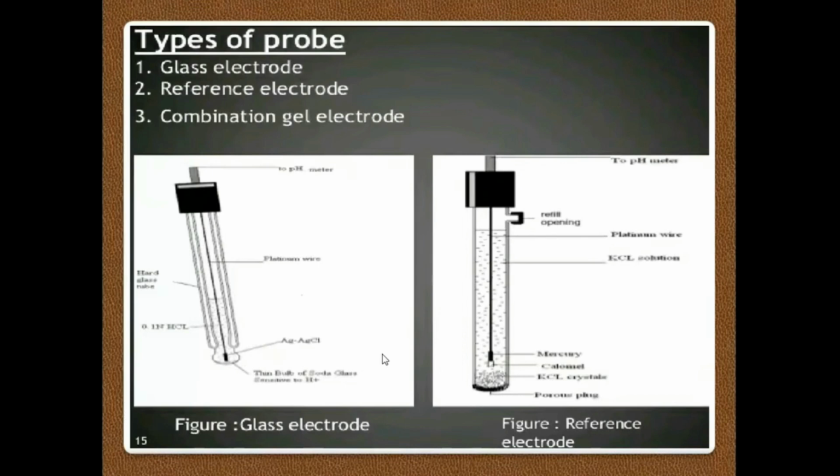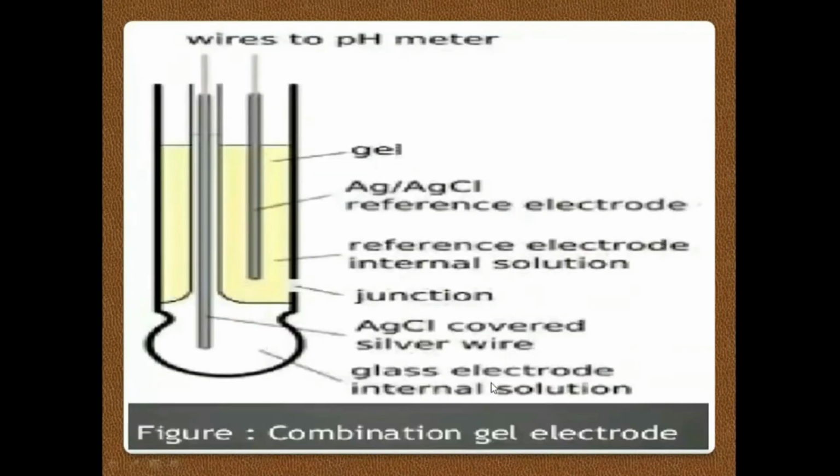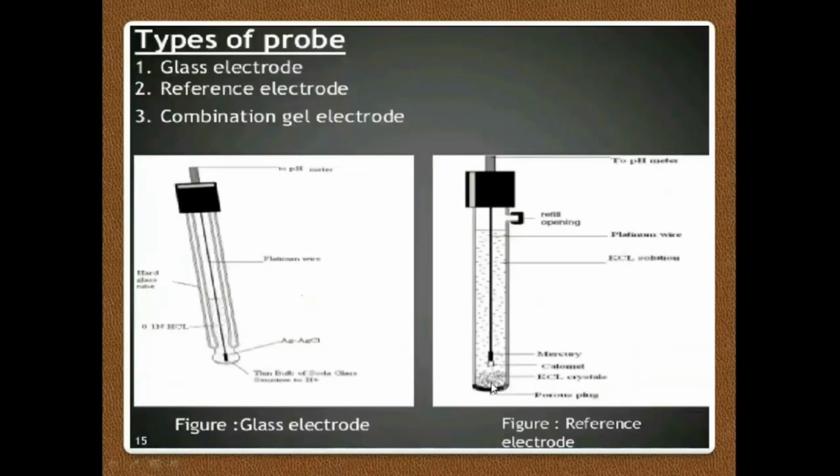Then the reference electrode has potassium chloride solution at the center, mercury and calomel, with KCl crystals deposited there. Porous regions are there. Refill can be done by opening this. Then it goes to the pH meter.